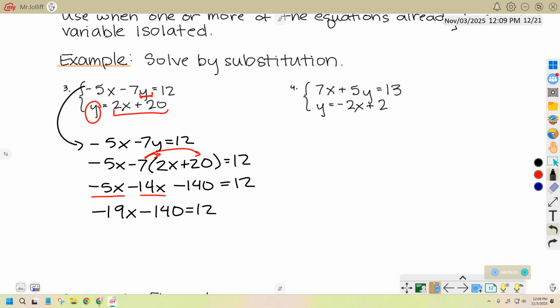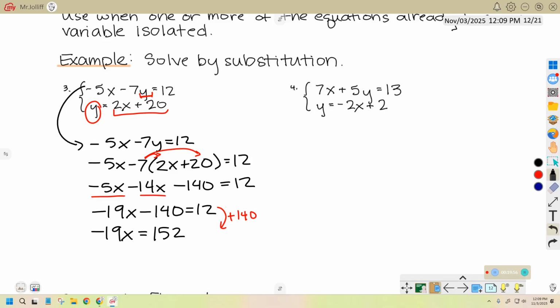Now I want to get x by itself. I'm going to add 140 to both sides. So -19x equals 152. Right? 12 plus 140.